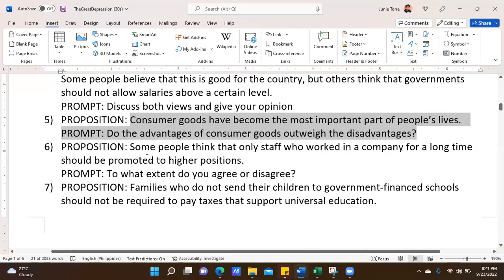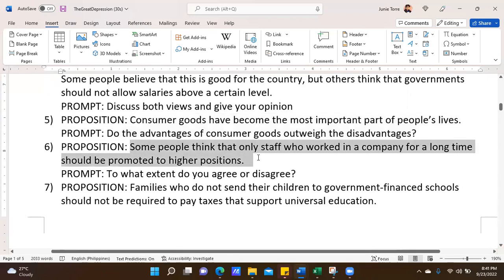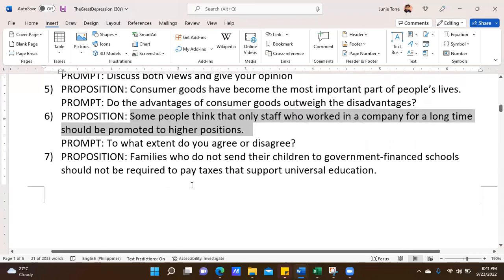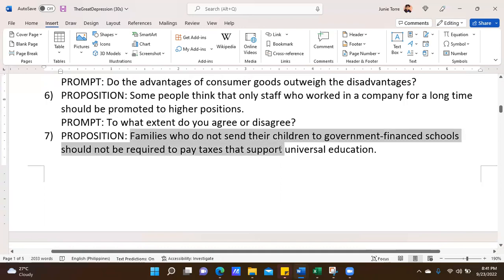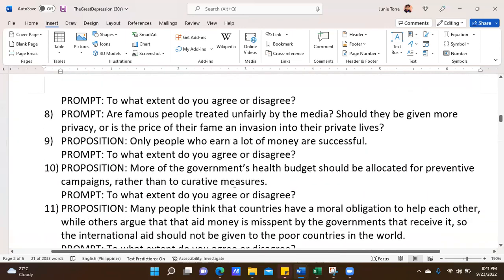And some people think that only staff who work in a company for a long time should be promoted to higher positions. Families who do not send their children to government-financed schools should not be required to pay taxes that support universal education. Yan.